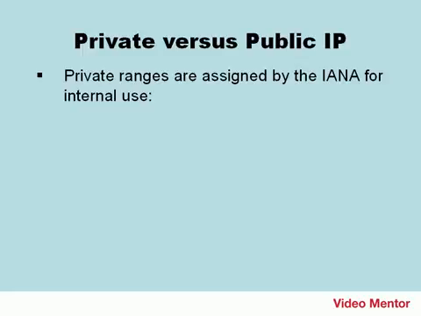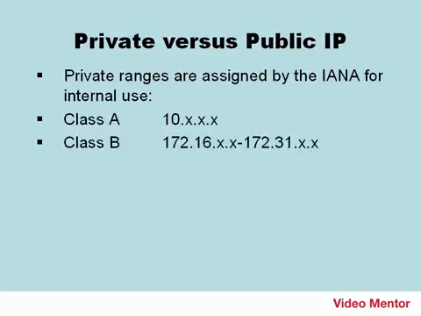Those private ranges are assigned by the IANA for internal use, and there are particular ranges reserved for Class A, B, and C. Class A has the 10 network reserved for internal use. Class B has 172.16 all the way through 172.31 reserved.